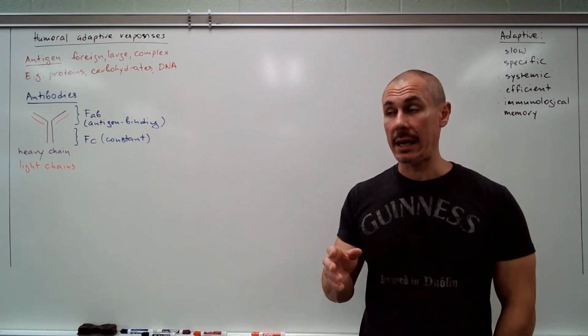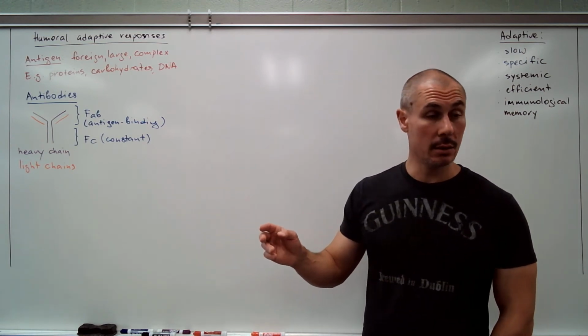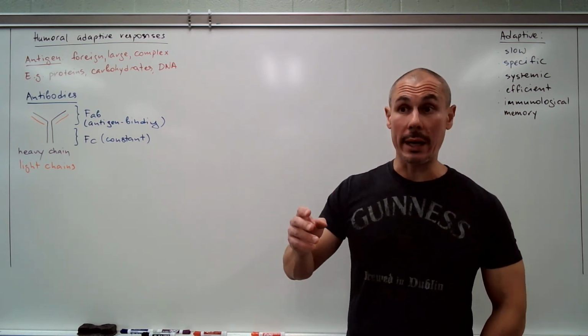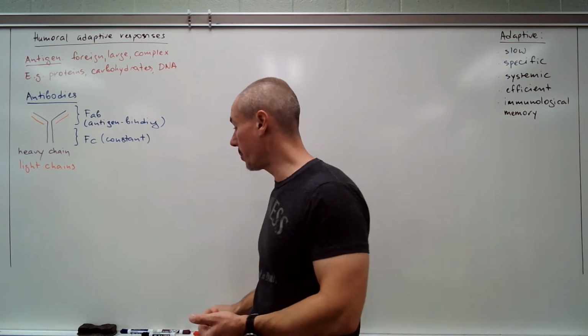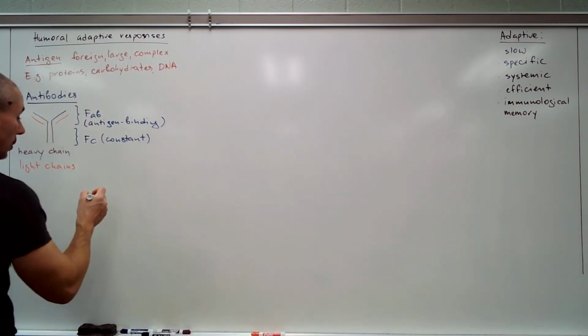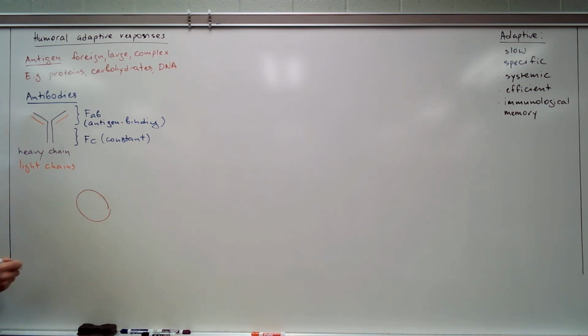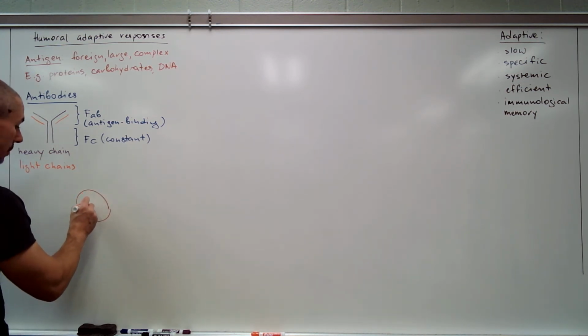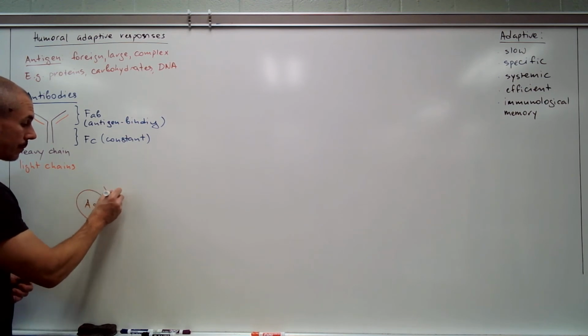Now, in terms of the antigen recognition, what's important to understand is that antibody doesn't just bind to the antigen. It binds to specific portions of it. So it would look something like this. Remember, it's all schematic, right? You have an antigen. Each antigen has multiple antigenic determinants.